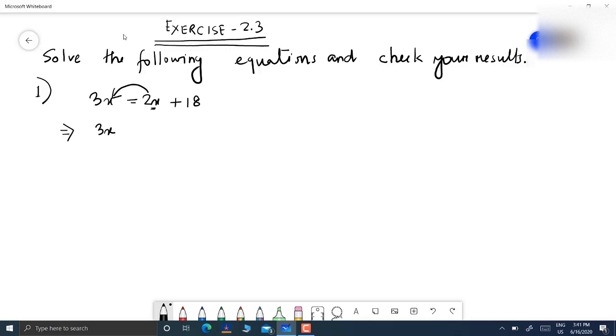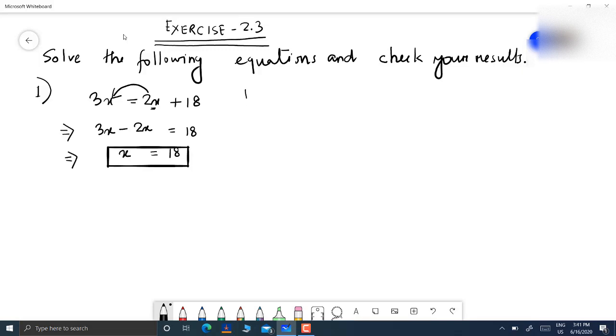When it is shifted to the left hand side, of course the sign will change, and we shall get thrice x minus twice x is equal to 18. So after that, thrice x minus twice x, the result comes as x is equal to 18. So this is the solution of this equation.